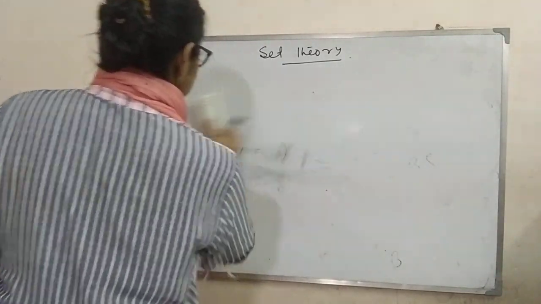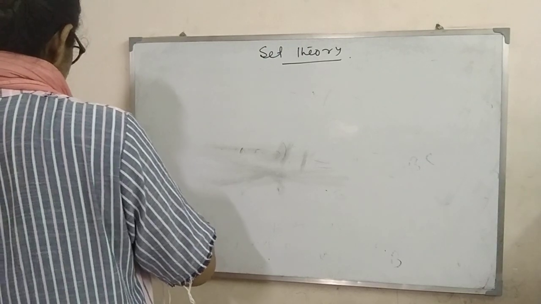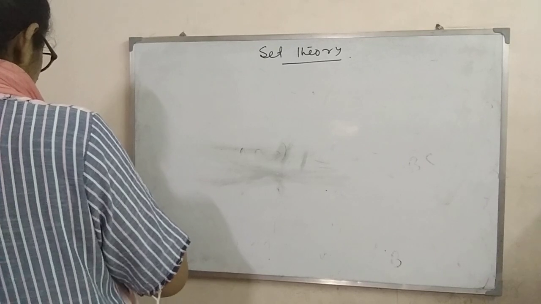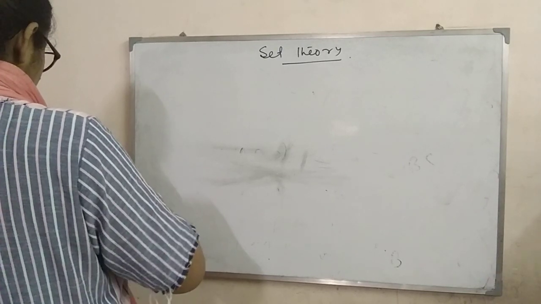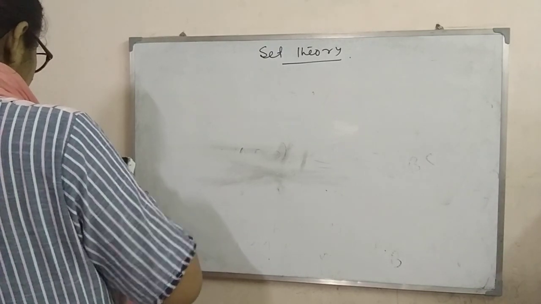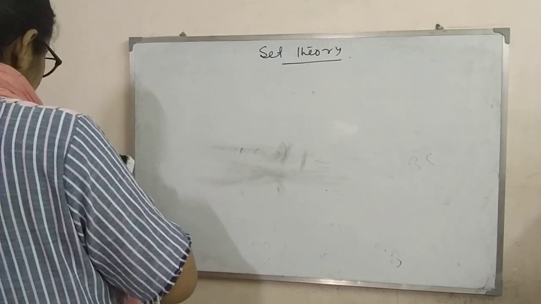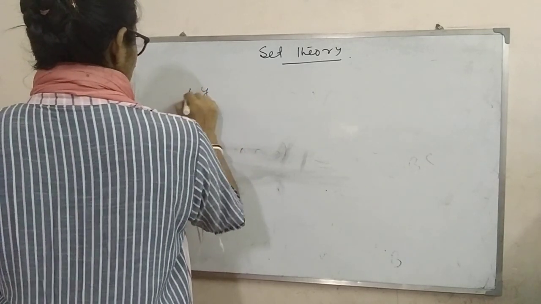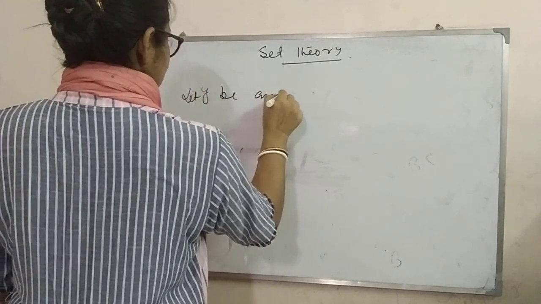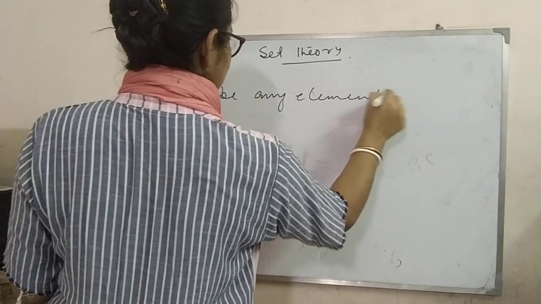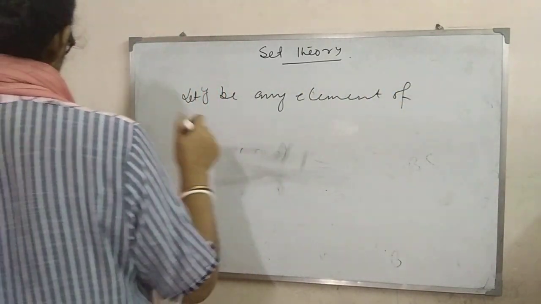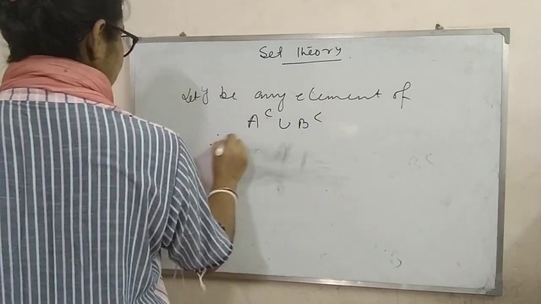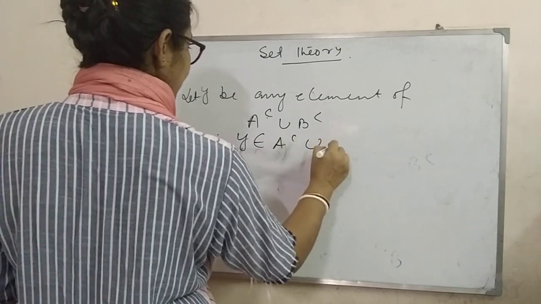Next, let Y be any element of A complement union B complement. That means Y belongs to A complement union B complement.